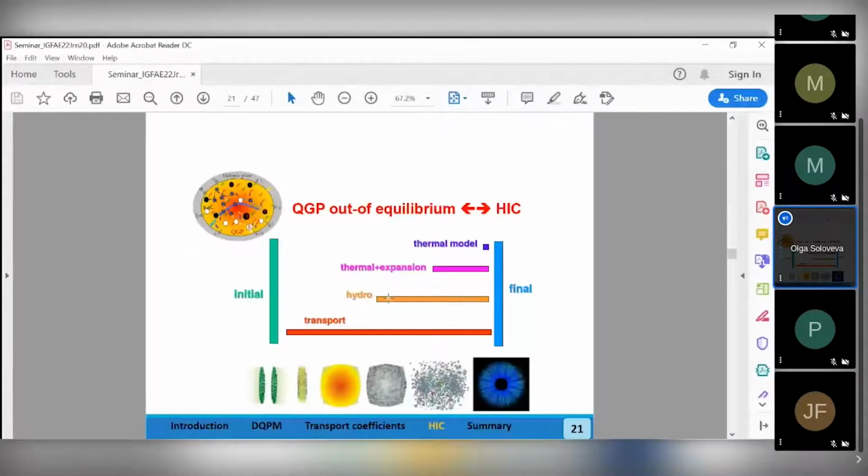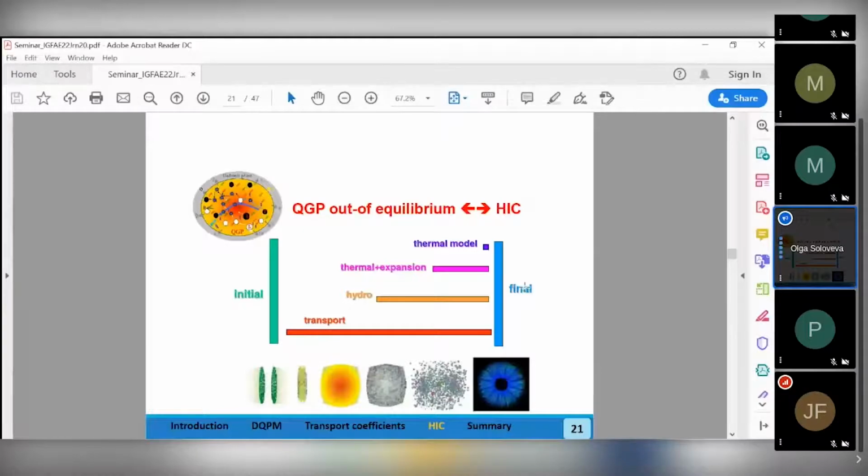It starts not from the beginning, but from some early stage, where some initial input is needed for the hydro calculation, and then it describes the evolution of the quark gluon plasma. Then you can use some afterburner, which will come to the final stage, and you can extract observables which you can measure in experiment.